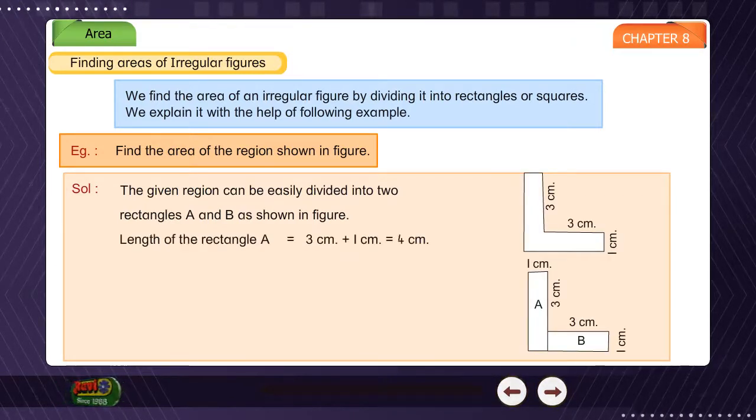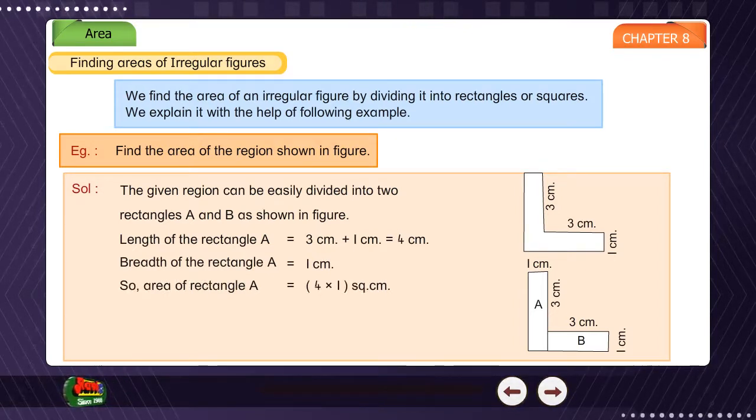Length of the rectangle A is equal to 3 cm plus 1 cm, which is equal to 4 cm. Breadth of the rectangle A is equal to 1 cm. So, area of rectangle A is equal to 4 into 1 square centimeters, which is equal to 4 square centimeters.